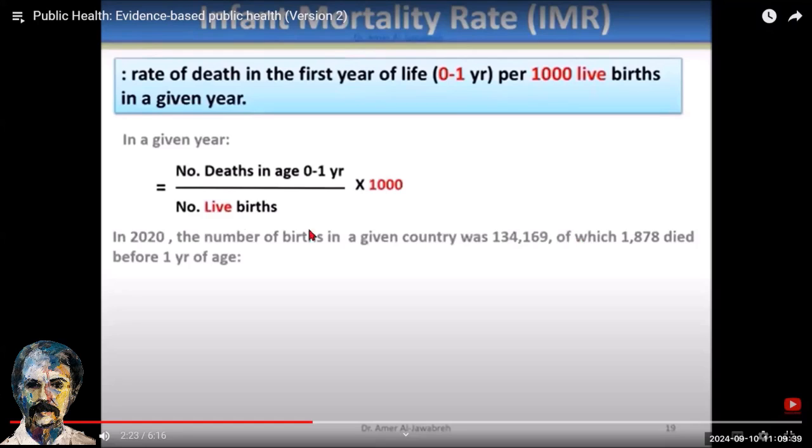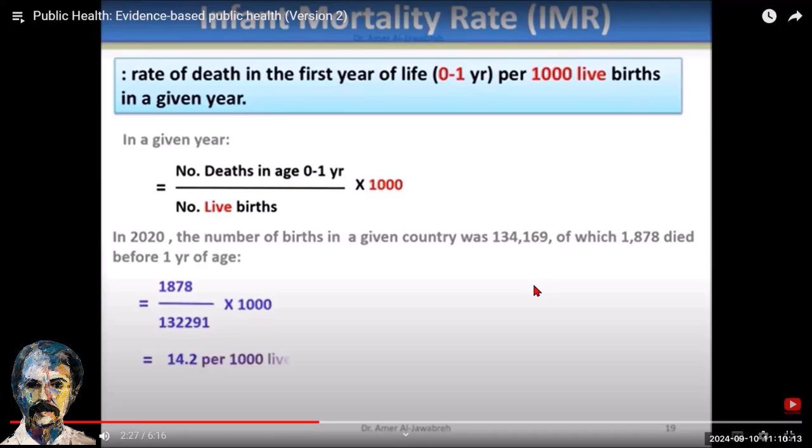Our denominator, live births, is 134,169 minus this, so 132,291. In the denominator, we don't account for the dead. Dead babies at the end of the year, we don't include them in the denominator.